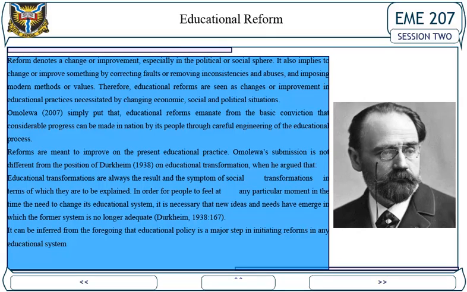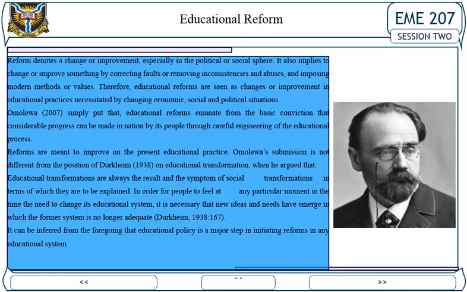Educational reform. Reform denotes a change or improvement, especially in the political or social sphere. It also implies to change or improve something by correcting faults or removing inconsistencies and abuses, and imposing modern methods or values.